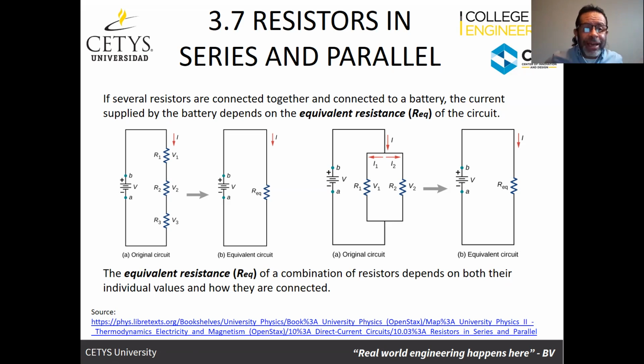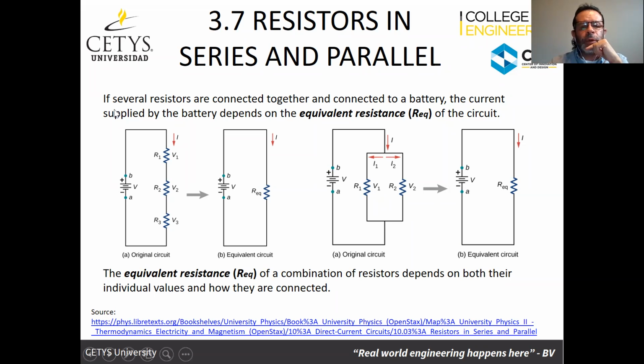And when we have an array of resistors that have different combinations in series and in parallel amongst them, in the end, we want the same thing. We want to be able to do an analysis of the circuit, and we want to be able to know what the equivalent resistance would be for that circuit, considering the individual effects of each of the resistances according to how they're connected, and how that could be reflected with one resistor that has the same effect.